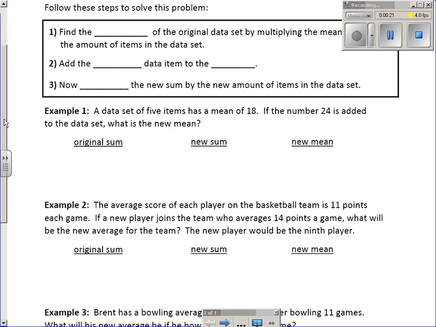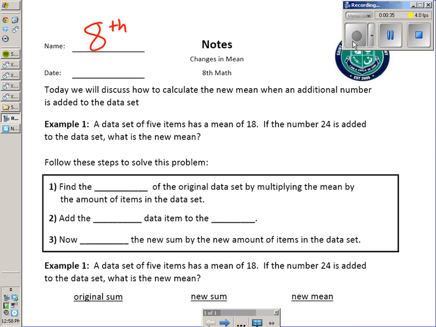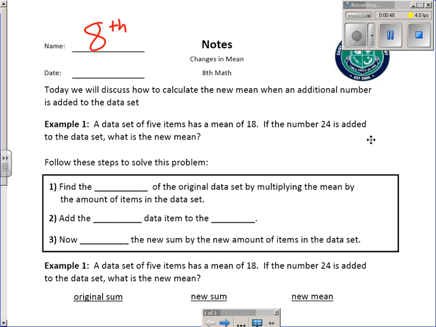A big concept coming into this is that if you know the average of a set of numbers and you know how many numbers there are, you can get back to the sum. So for instance, like we did today, I think we said Jason had an average of something like 9.9.